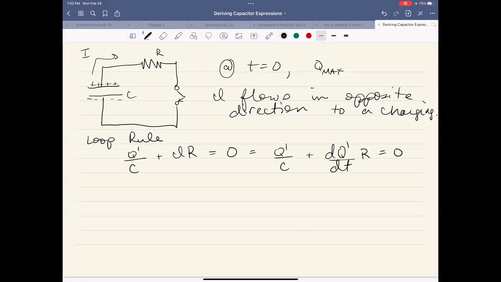Okay, so that's that. Now if we rearrange this equation, what we're going to do is put everything with dq prime on one side and everything with dt on the other. We're going to do a little bit of algebra to get there.